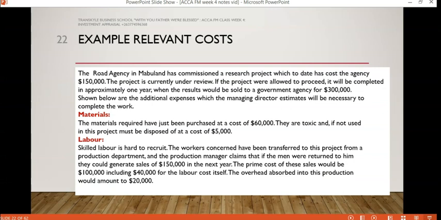The prime cost of these sales would be, remember, the revenue of 150,000 is not going to be obtained for free. There are some costs associated with this particular revenue, the cost of sales. So the prime cost of these sales would be 100,000, including 40,000 for the labor cost itself.